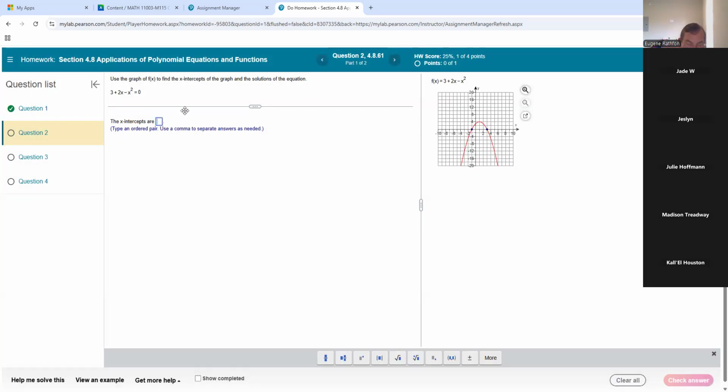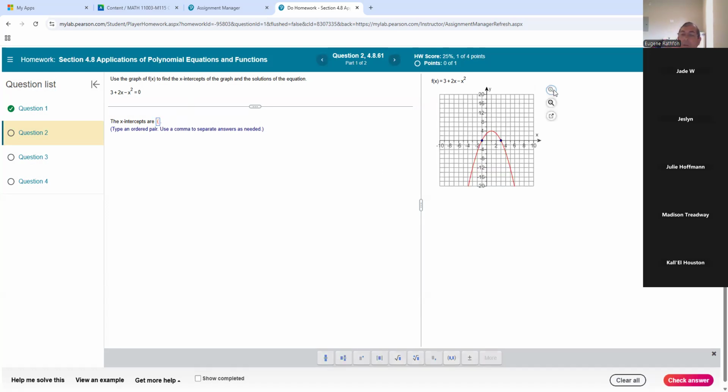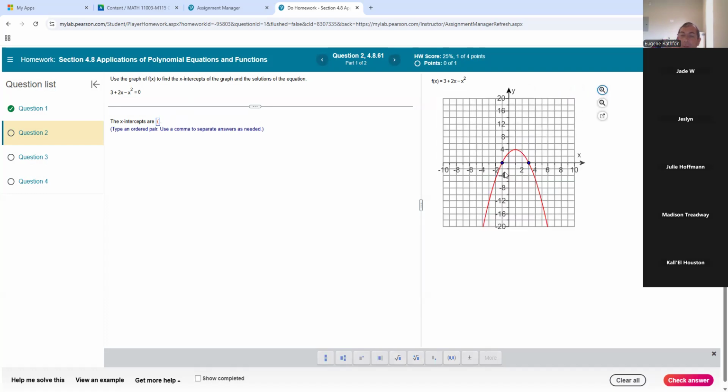So y'all, the same thing on this one. Parentheses for your x-intercepts. So let me make that a little bit larger. So over here on the left side, well, that's -1 again. So that one would be (-1, 0), and then close parentheses, and then comma.